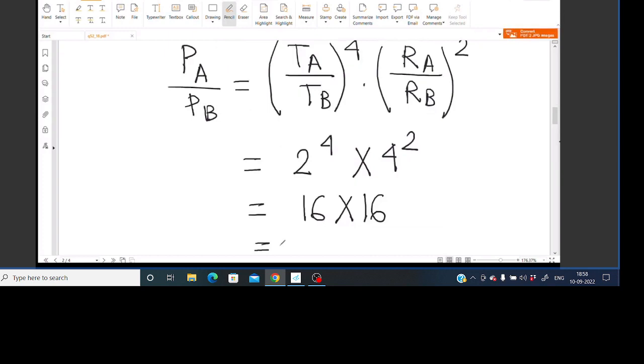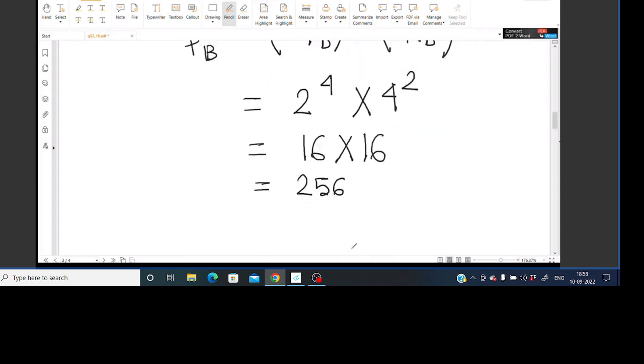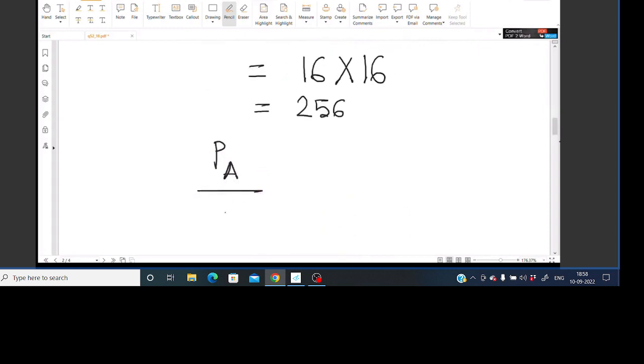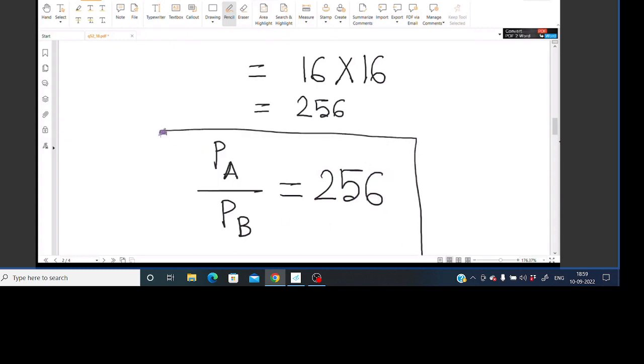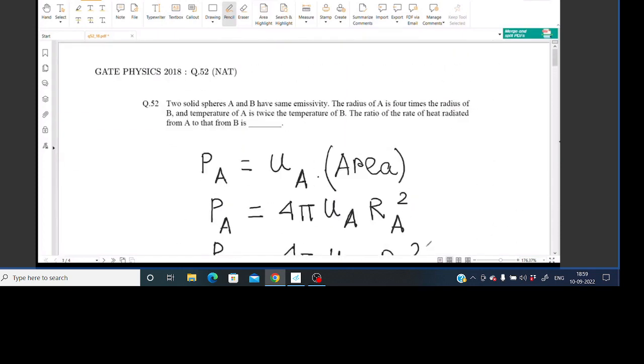After some simplification, we get PA by PB is equal to 256. So in this question, PA by PB is equal to 256. The correct answer is 256.